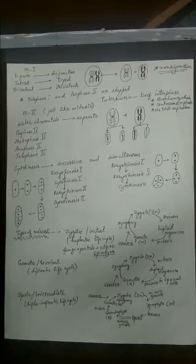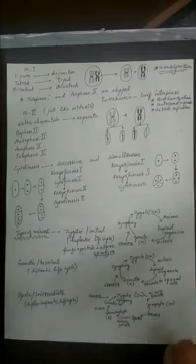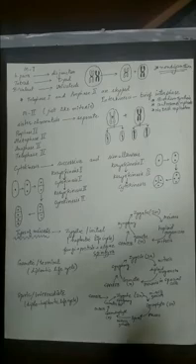Now how do you distinguish meiosis first from meiosis second? Let me quickly tell you some points. First, you can easily remember that meiosis first is the reductional, heterotypic division, and meiosis second is the equational, homotypic division.